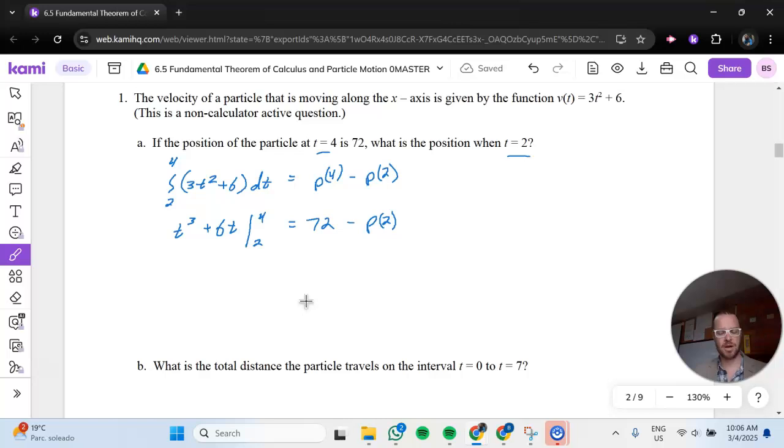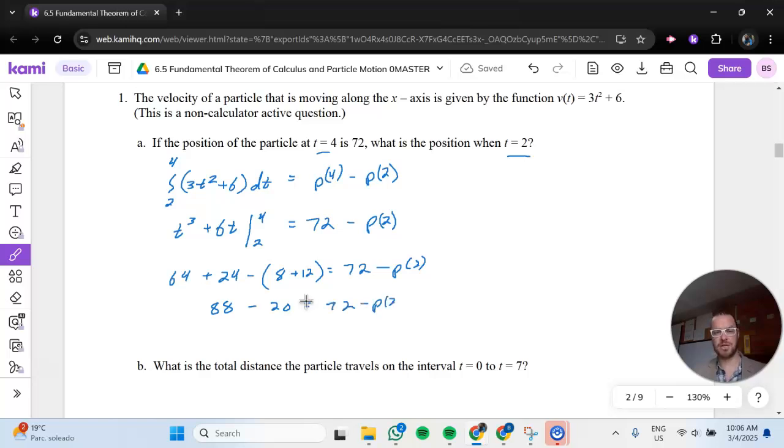All right, so here we can go ahead and plug this in. 4 cubed is going to be 64, plus 6 times 4 is 24, minus 2 cubed is 8, plus 2 times 6 is 12. So that gives us 88 minus 20, and that's going to be equal to 72 minus p(2) still.